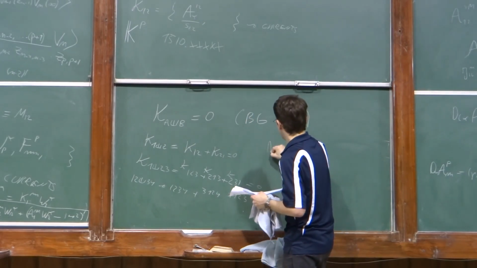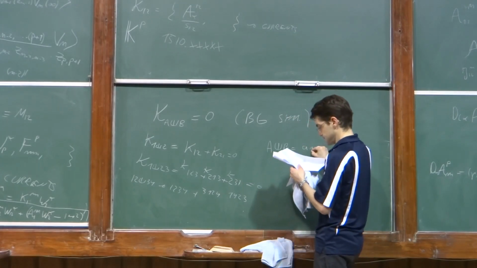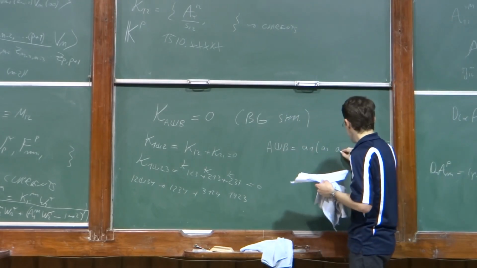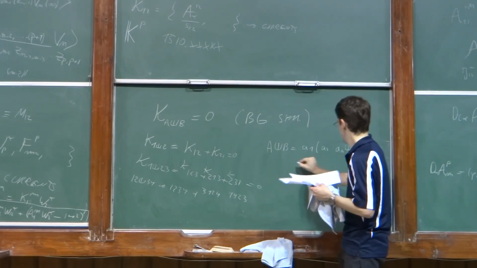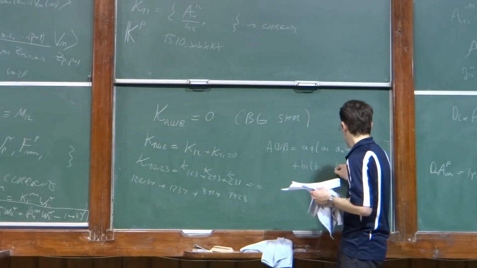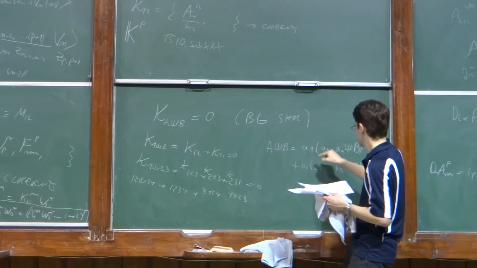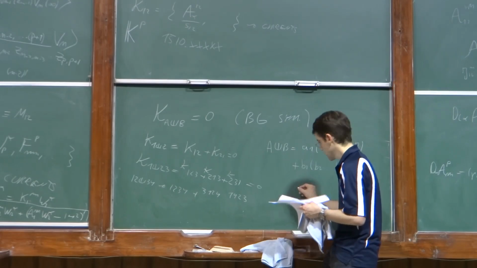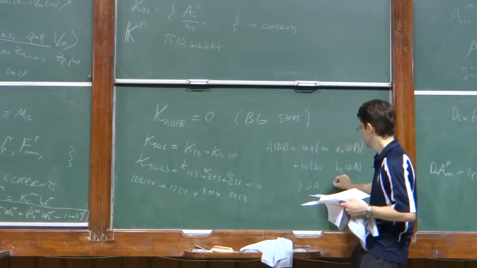A shuffle B is A1, A2, A shuffle B plus B1, B2 to B shuffle A. It's recursive, so you need to specify the first one, which is the empty set shuffle A, that's A.